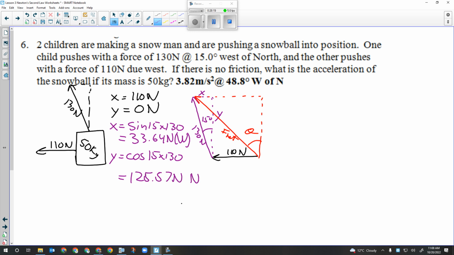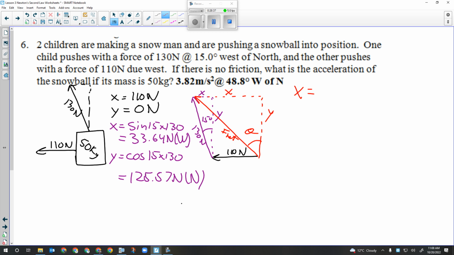All right, now that I've got those, I can find red x and red y. I've got to add the two x components together to get red x. They both go west, so that's easy.